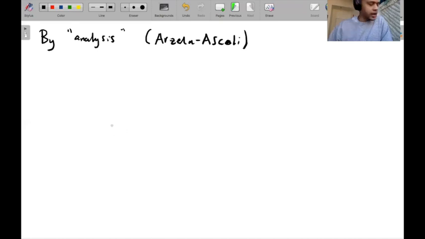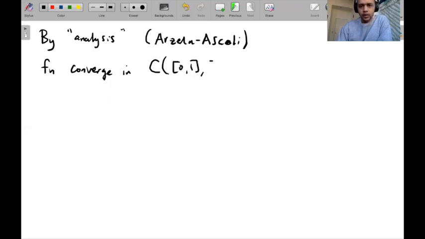I won't tell you what it says, but it tells you that these FNs converge in the space of continuous functions between these two spaces.